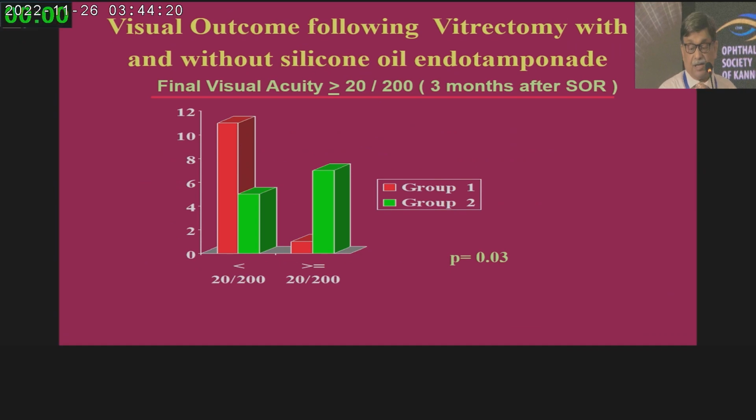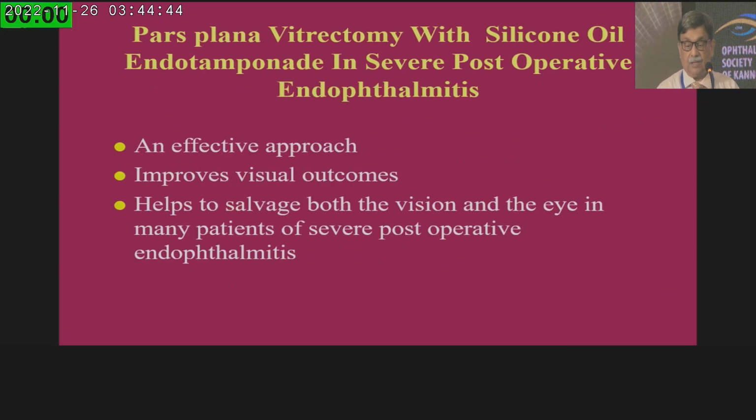We found results like this in patients, 12 patients we did in both the groups, one conventional, one radical vitrectomy. 7 out of 12 patients got a vision better than 6/60. Only 1 out of 12 managed to get that with a conventional vitrectomy, and this was, even in this very small group, statistically significant.